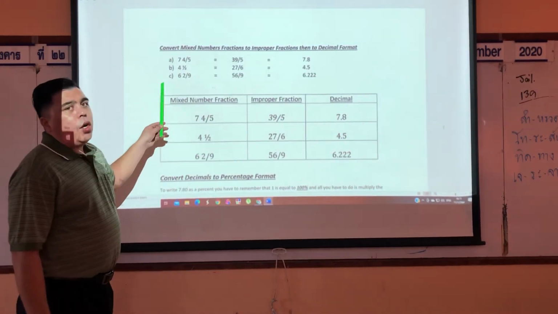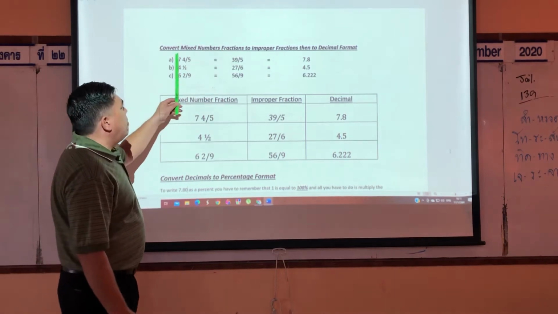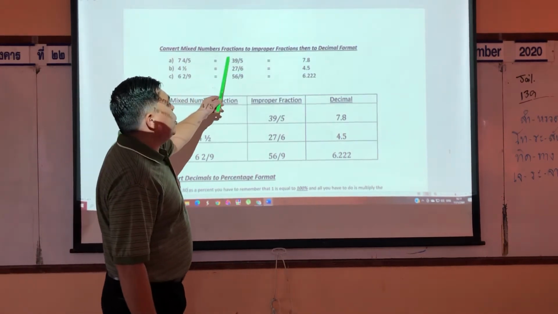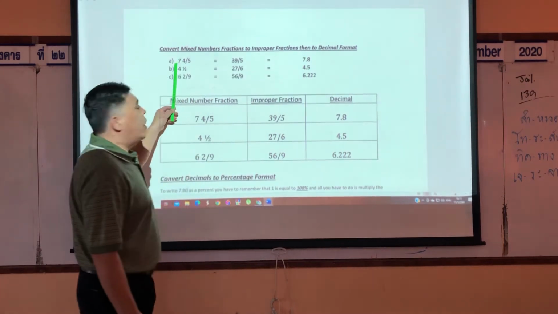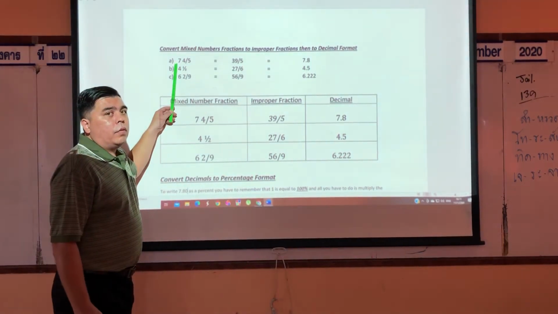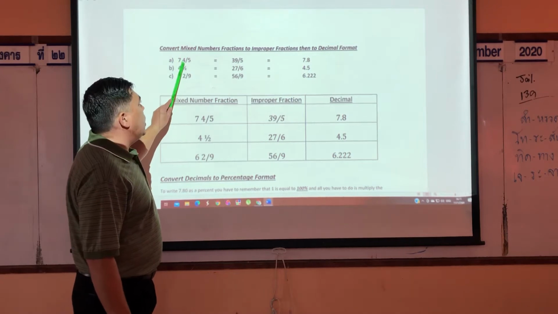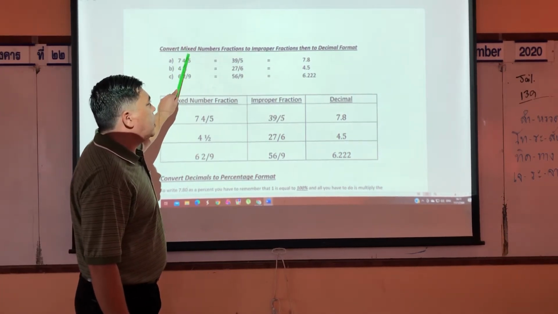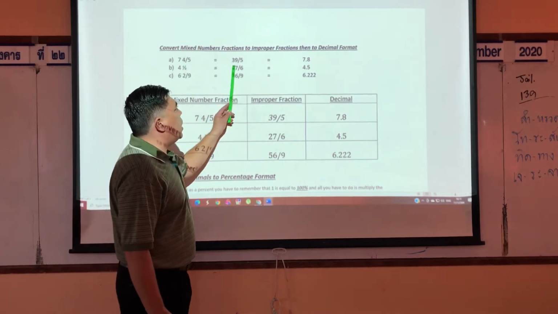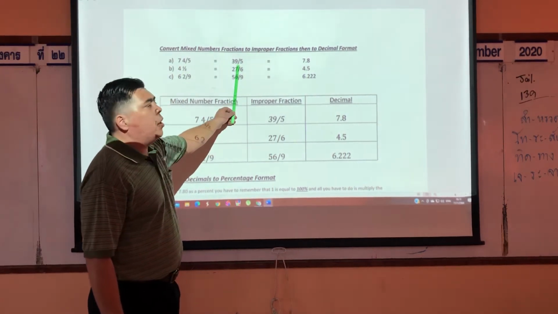Now, before we have already done mixed number fractions to improper fractions. We use the number times denominator add numerator, which gave us the improper fraction.